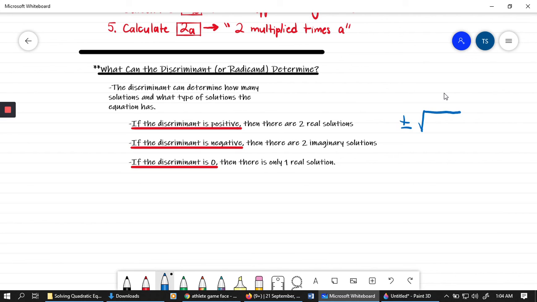So think of it like this: if you were doing plus or minus the square root of a positive number, any positive number like 50, just for instance, the plus or minus is where you're going to get your two answers from, because one option is clearly positive, or plus, and the other option is clearly minus, or negative. And so, of course, when we do the square root of a positive number, the result is going to be a real number.